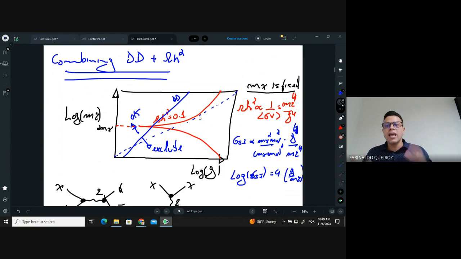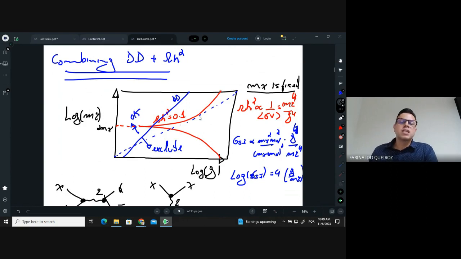Which is the same sigma v that enters in the abundance, because the abundance is thermal. In this case, what you are probing is not the thermal, it's just sigma v using direct detection, but it's sigma v, okay? But in many models, the same couplings, the same parameters that control the relative density are the parameters that control the direct detection.